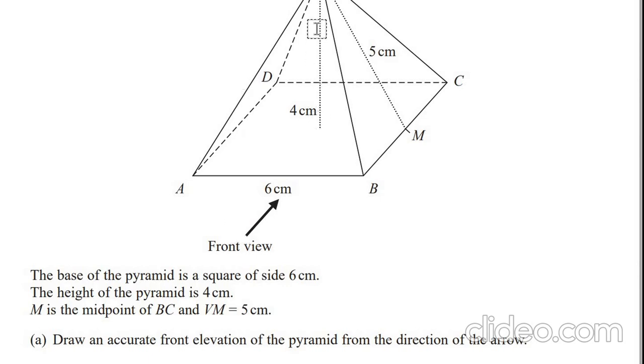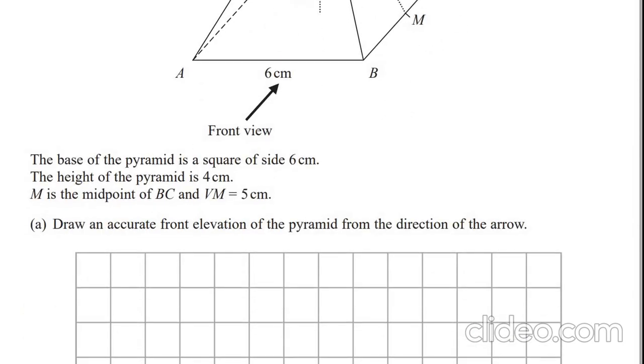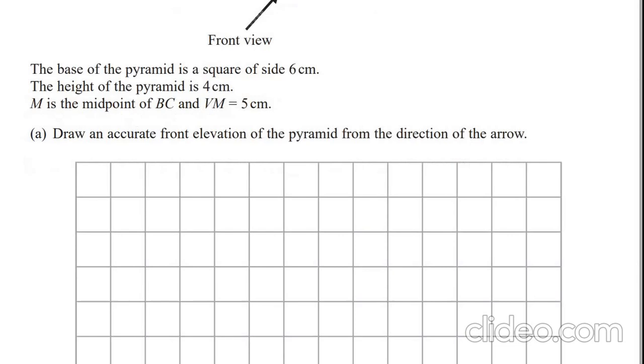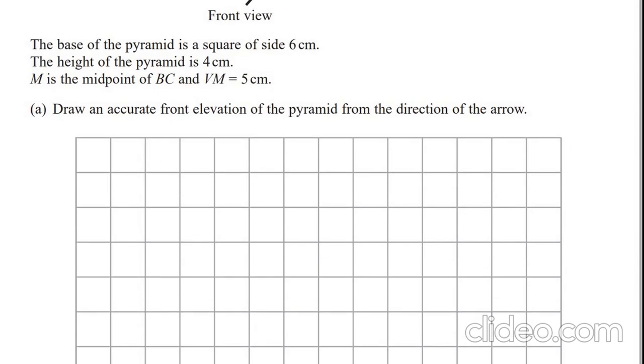Since the height of the pyramid is 4 and it has a triangular face, we will be able to see a triangle from the front with height 4 centimeters and base 6 centimeters. So that is what we need to draw right here.